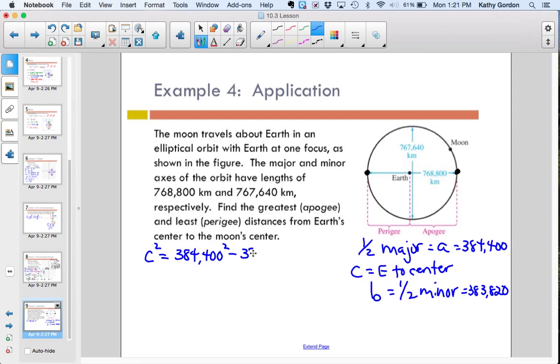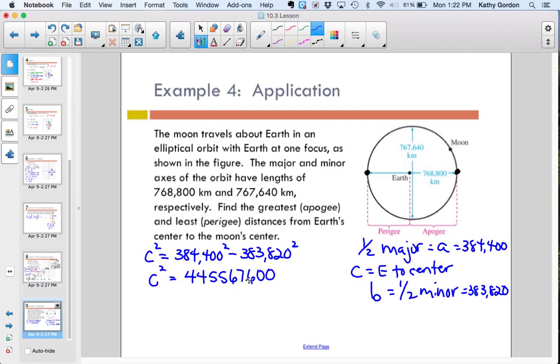So tell me what C squared equals first. Okay, C squared equals 445,556,760,000.